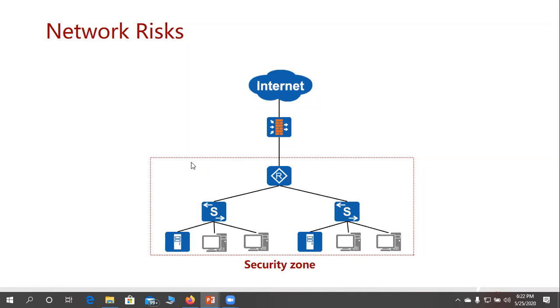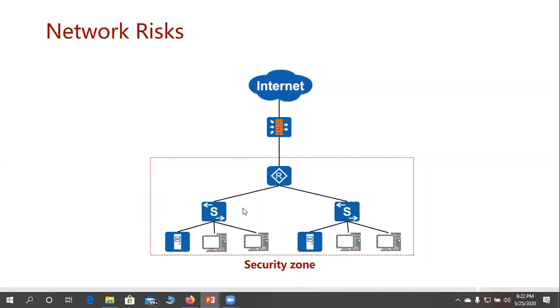I can say this is zone 1 and this is zone 2, or I can say this is a trust zone, and this is a trust zone. So when traffic is moving from the trust zone to the other trust zone, we won't put restrictions on it.